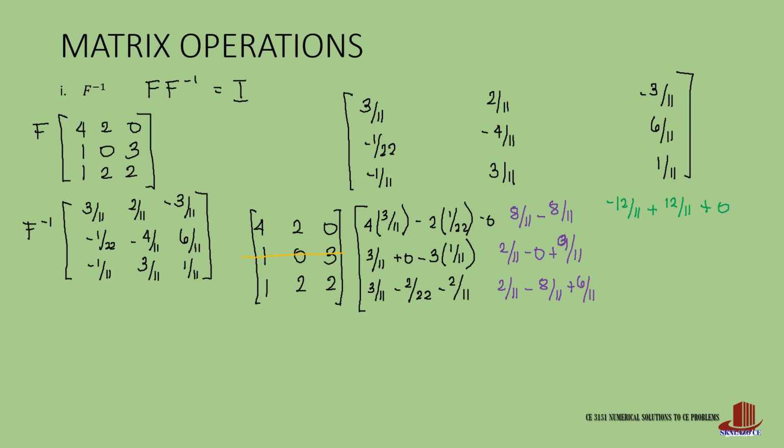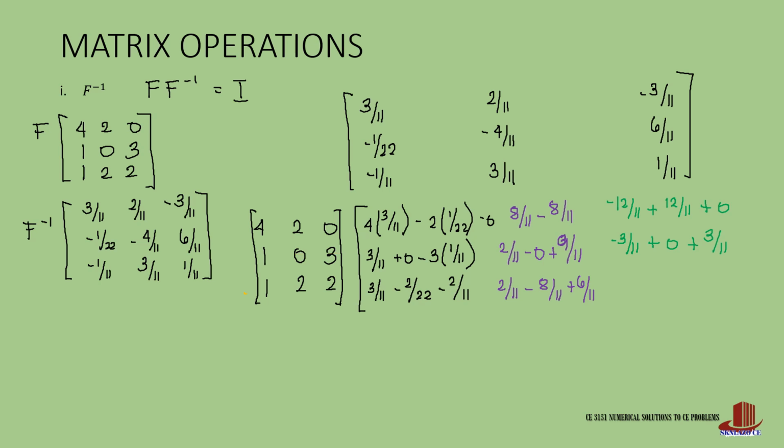Next, we would have 1 times 3/11 and that is negative, plus 0 times 6/11 plus 3 times 1/11.